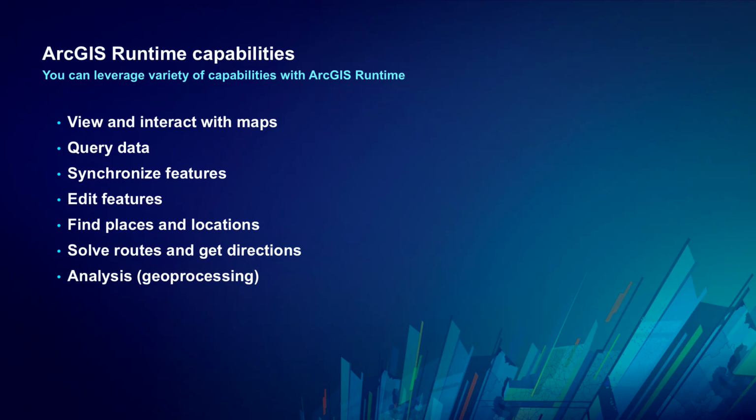So these capabilities include things like basics of viewing, editing your data, querying it, generating directions, finding locations in search, and doing some geoprocessing or other analytics with that data. So there's lots of capabilities in the runtime that work both online and offline.